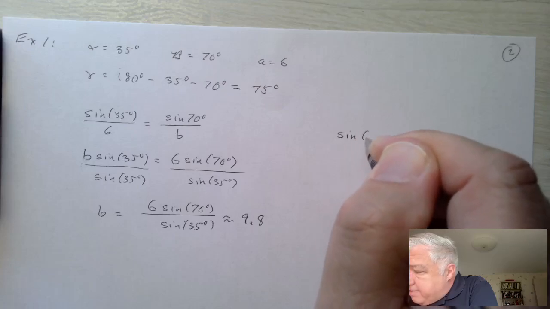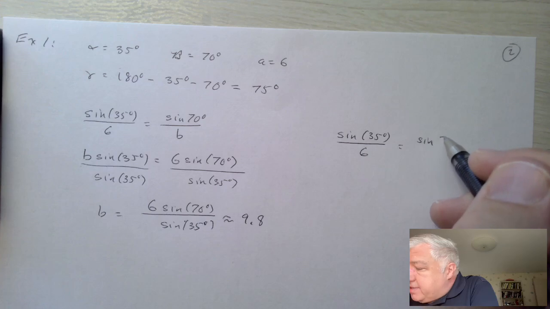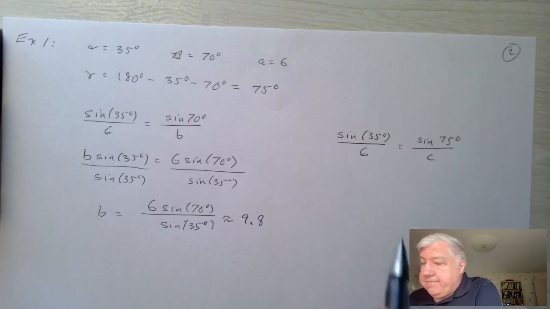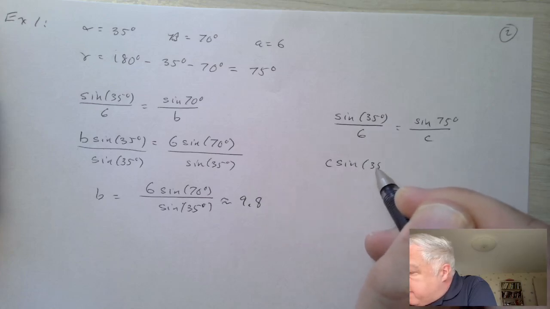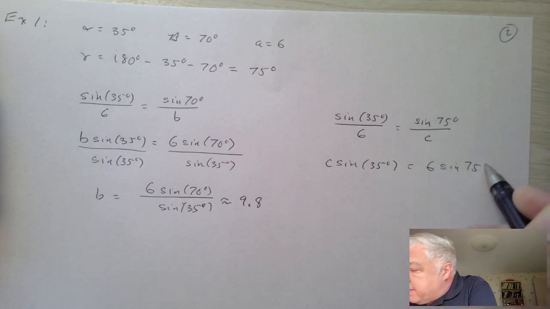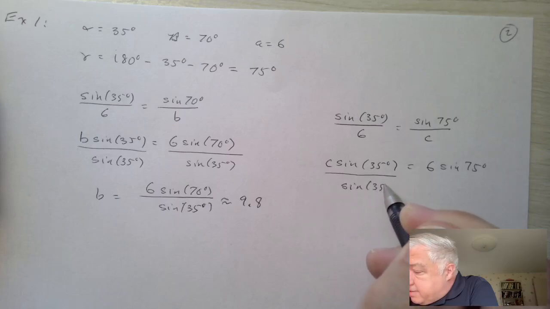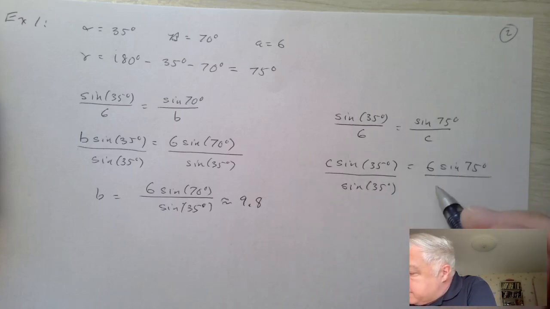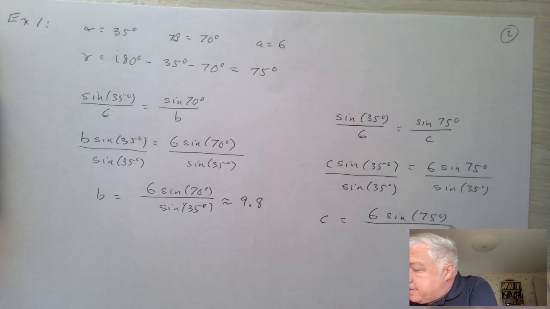So we have the sine of 35 degrees divided by 6 is equal to the sine of 75 degrees divided by C. Cross multiplying, we get C sine of 35 degrees equals 6 sine of 75 degrees, and then dividing both sides by sine of 35 degrees, C is going to be 6 sine of 75 degrees divided by the sine of 35 degrees.